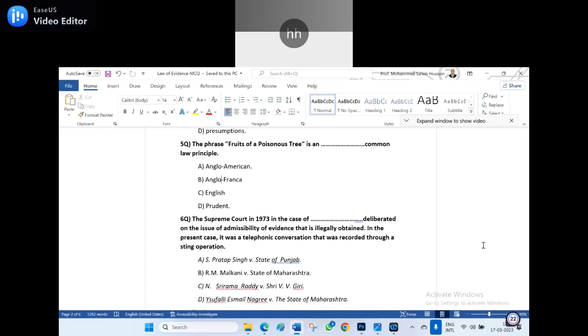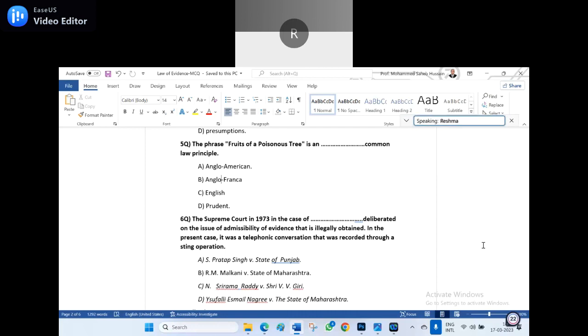B, R.M. Malkani versus State of Maharashtra. C, N. Sriram Reddy versus V.V. Giri. D, Yusuf Ali Ismail Nagri versus State of Maharashtra. Option A, S. Pratap Singh versus State of Punjab, wrong. Option C, sir, wrong. Option D, wrong.